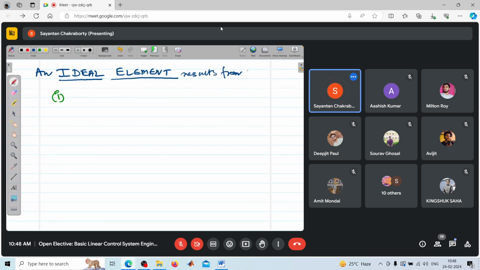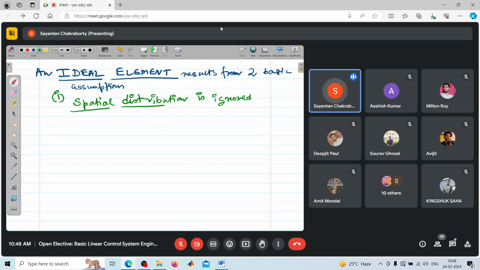What are the two basic assumptions? Number one, the spatial distribution is ignored. That means it is regarded as a point phenomenon.